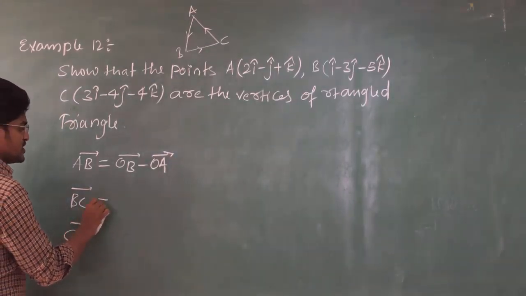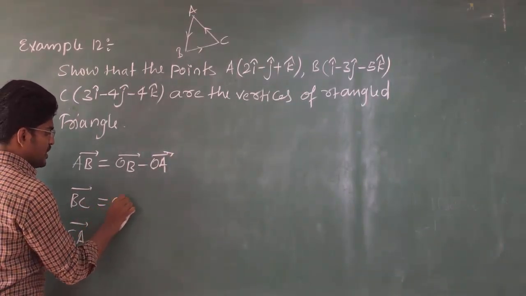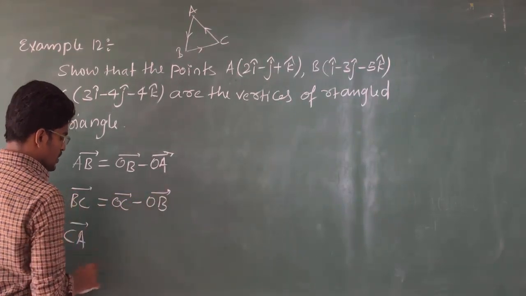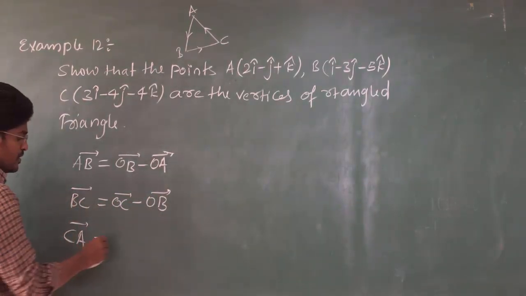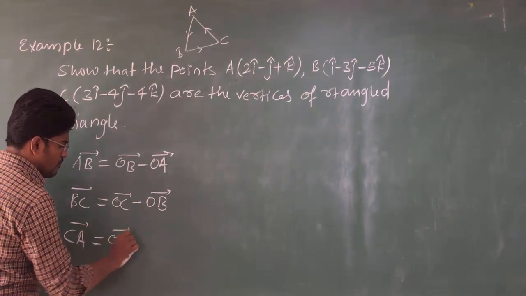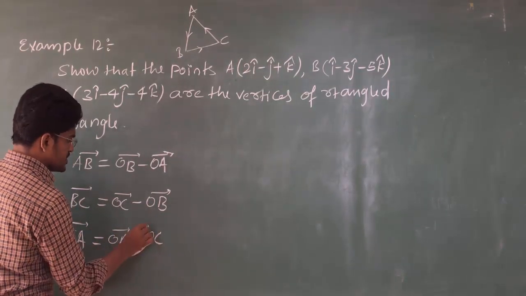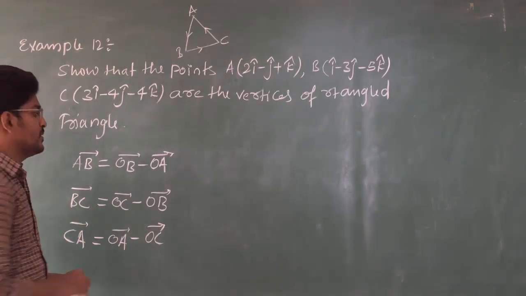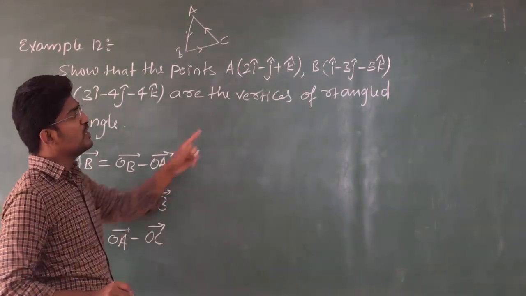Clear? What is BC vector? Vector OC minus vector OB. What is vector CA? Vector OA minus vector OC. Clear? So these vectors you have to find. Already they have given the position vectors.